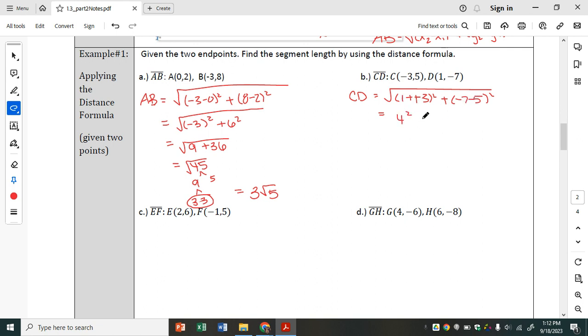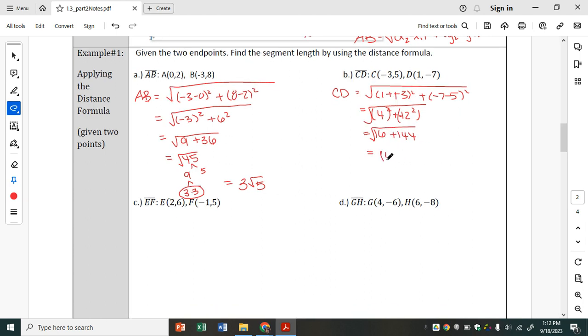Negative 7 minus 5 is negative 12 squared. Okay, 4 squared is going to give me 16. 12 squared is 144. So 16 plus 144 is 160.